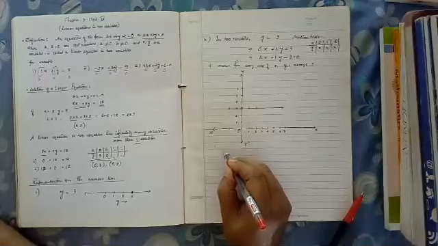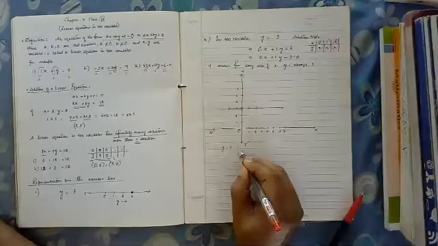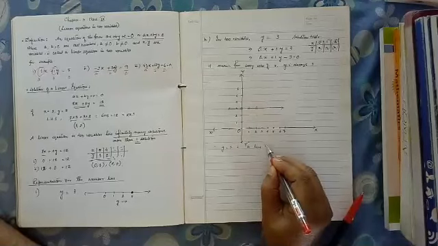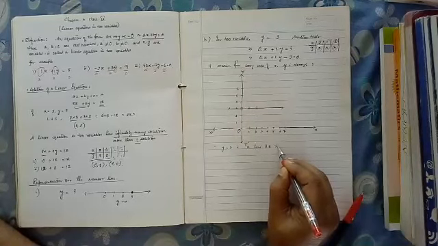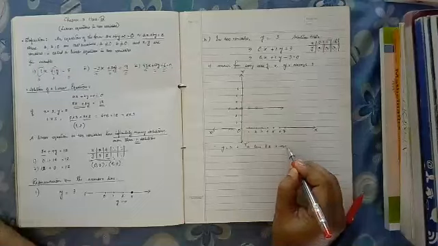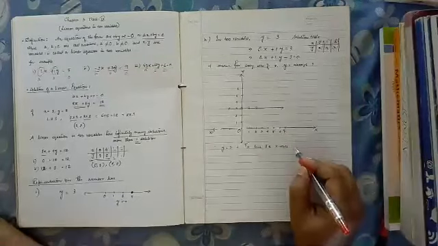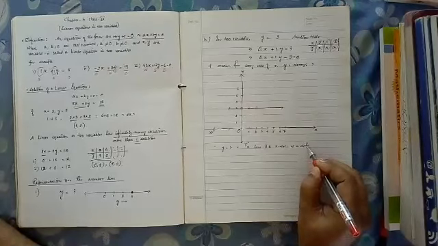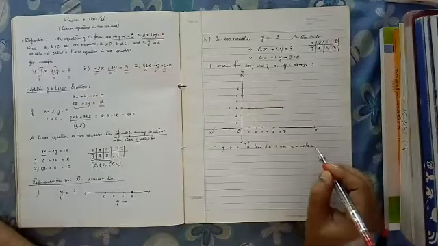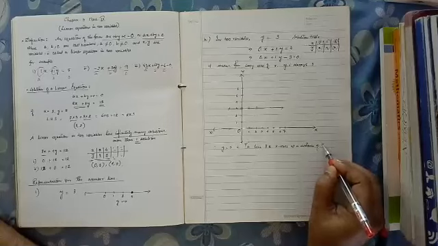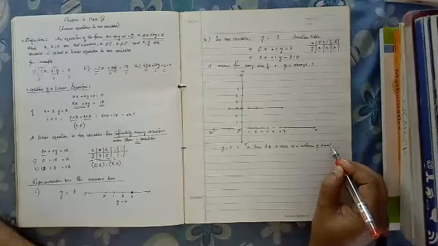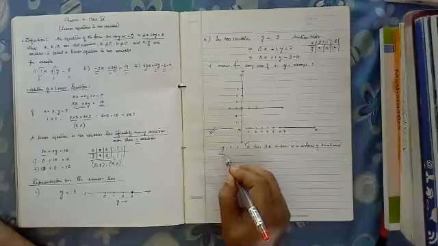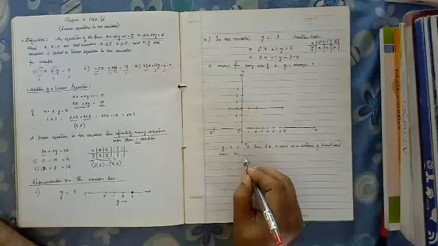Therefore, y is equal to 3 is a line parallel to x-axis at a distance of 3 units and above x-axis.